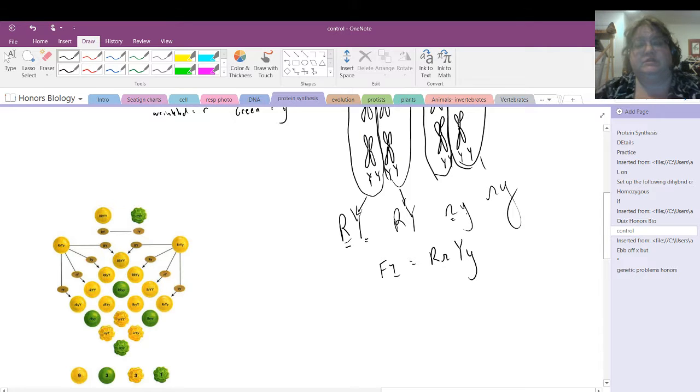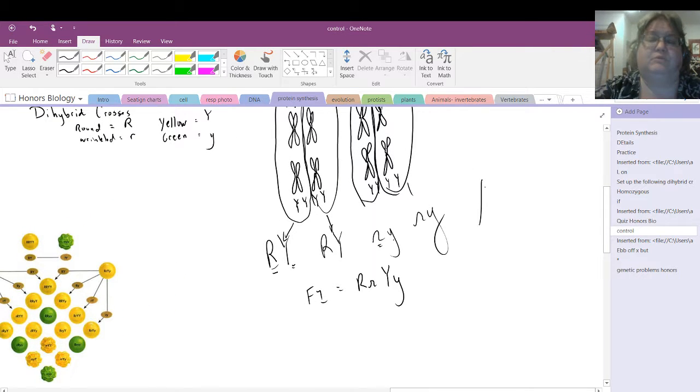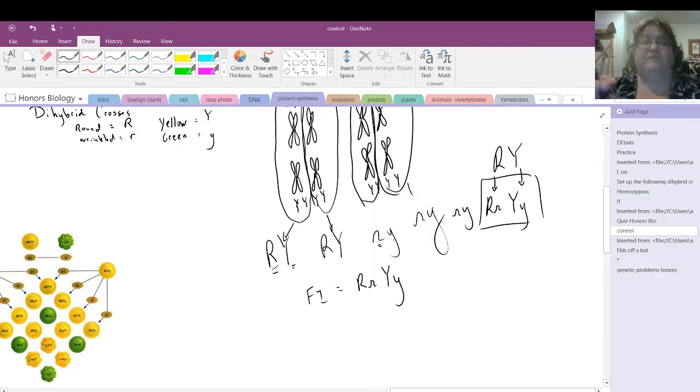And if you want to do the Punnett square to show you this, because the gametes are all big R, big Y, and little r and little y, when you draw and cross, keep the letters together. So the R's stay together and then the Y's stay together. And that's how I did my very easy Punnett square for this one.